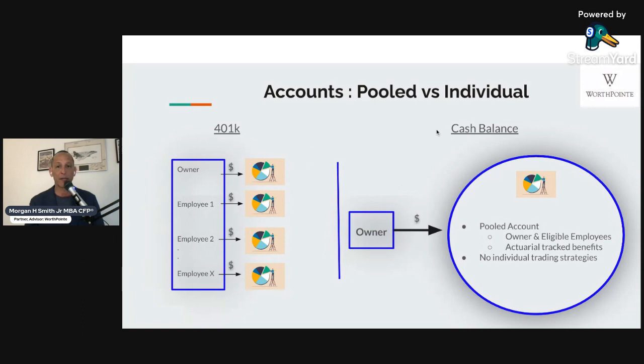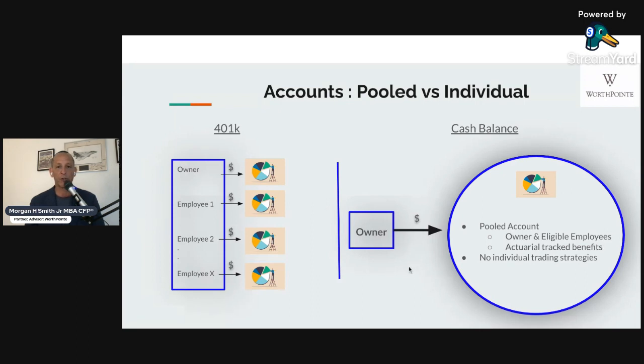A cash balance plan, on the other hand, is much different. In this case, the owner only is contributing to a cash balance plan. Now, the first question is, why is the owner only doing this? Typically, when you structure these cash balance plans, the reason why business owners really like these is there are going to be some significant advantages from a tax savings standpoint over the years and kind of turbocharging your retirement savings.